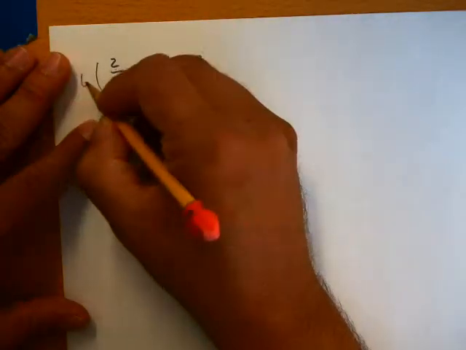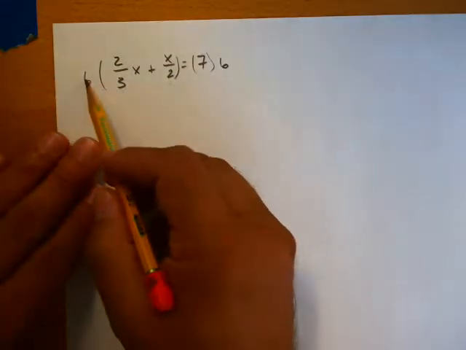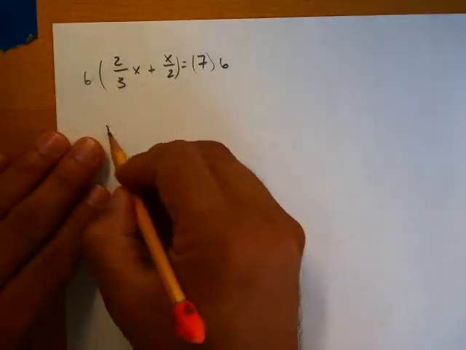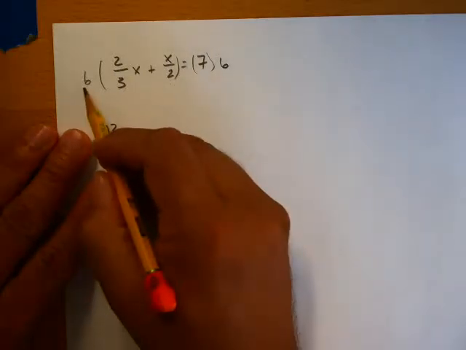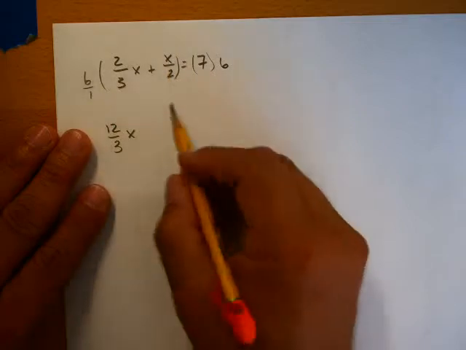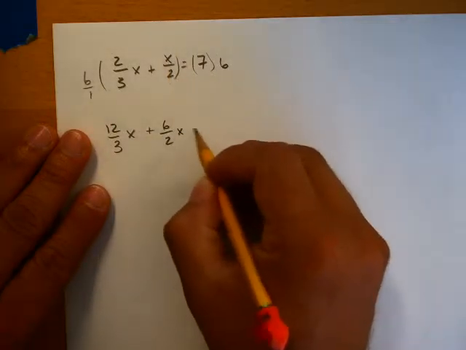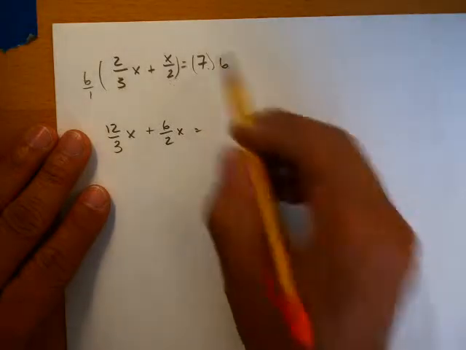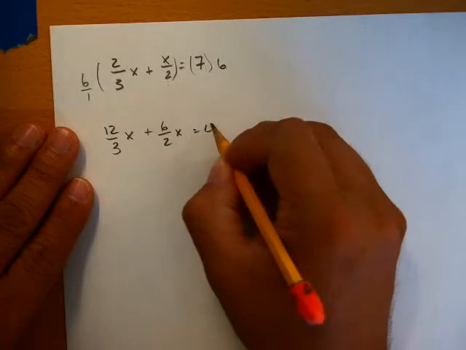I do it on this side, and lefty righty, I've got to do it on this side. So this one becomes 12 over 3x, because that's a 1, and then 6 over 2x equals, well, 6 times 7 is 42.